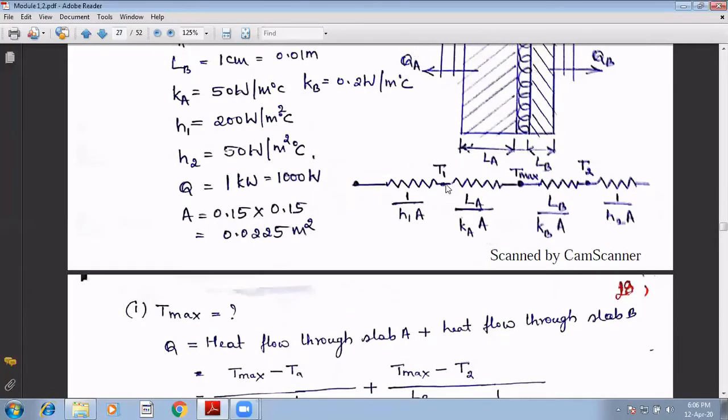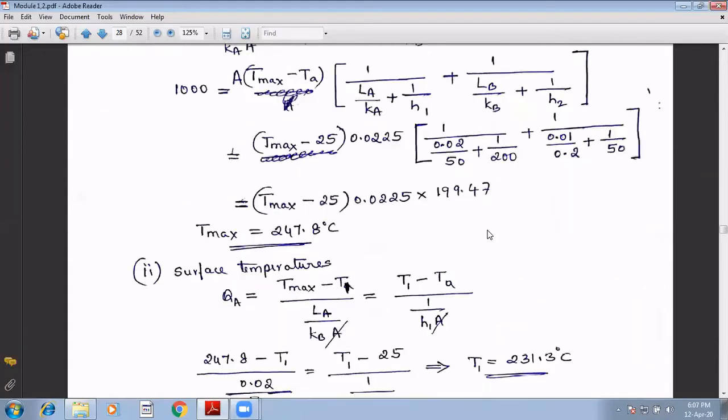Surface temperature is nothing but at this point. You can consider T1. While flowing from this to this, what is the resistance? This one. We will not consider this resistance because we need the temperature at this point. We know the maximum temperature, just now calculated. We need to know this temperature. Corresponding to that, this is the resistance. We will be considering only conductive resistance.